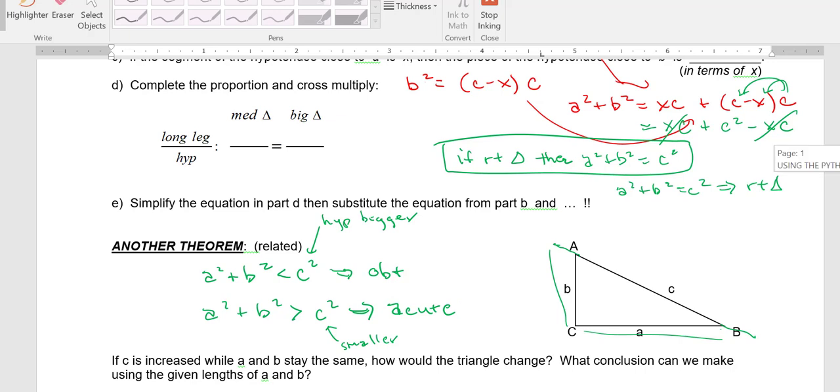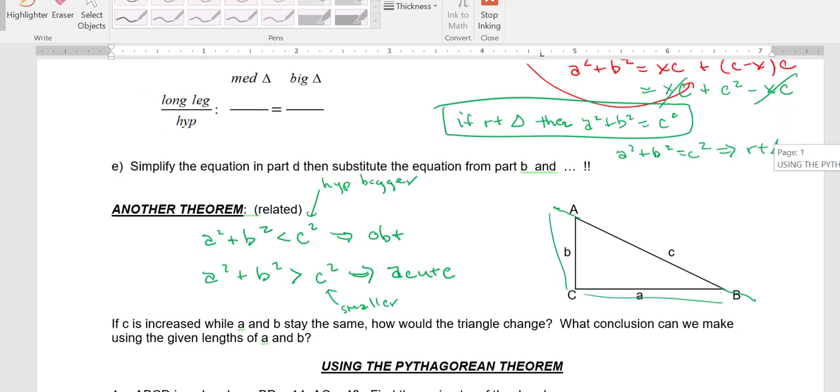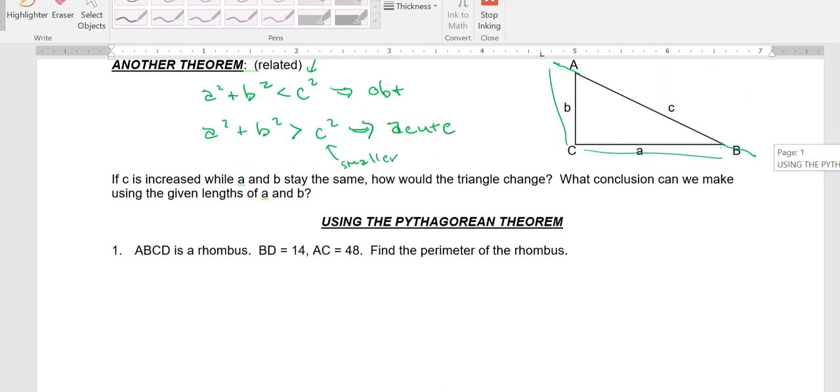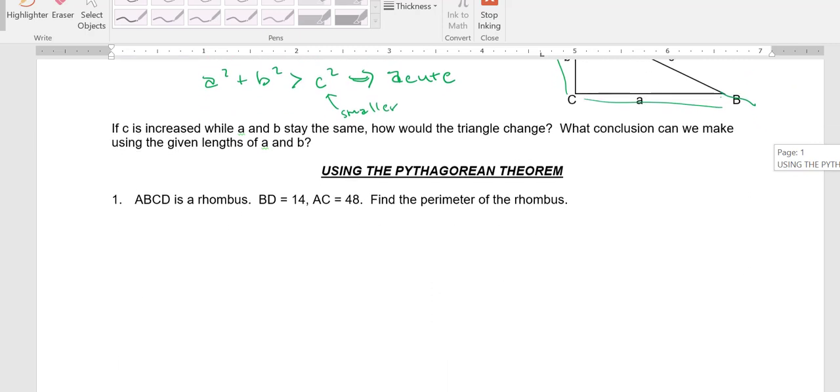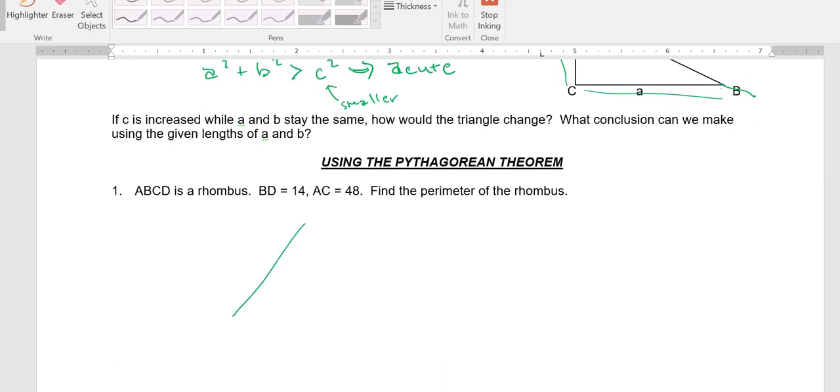Okay, so let's try this problem here, actually, before we jump to the back side. So if I have a rhombus, and I draw in the diagonals, I know the diagonals are perpendicular to each other. That's useful because we have right triangles there.